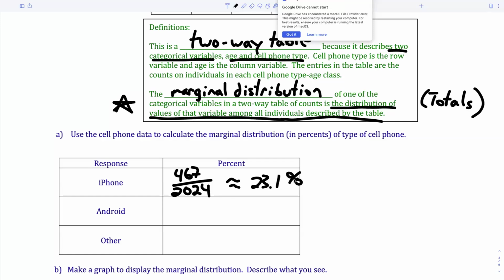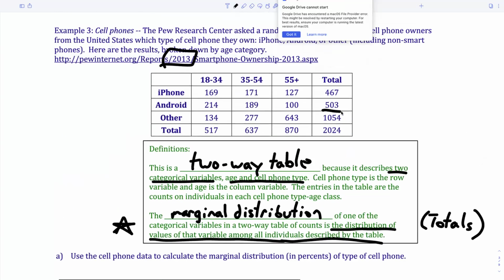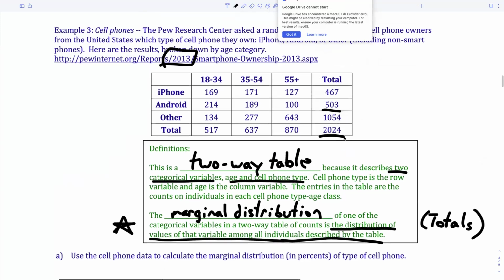Okay, so Android, again, finding the marginal distribution, the totals. How many total Android phones? Look at the table, right? And the column right here. Okay, so there's 503 out of a total of 2024.